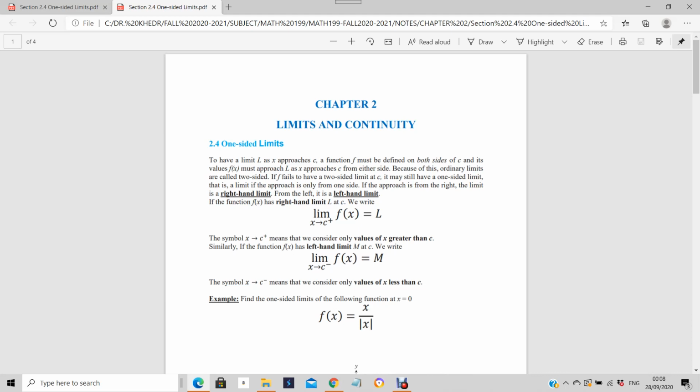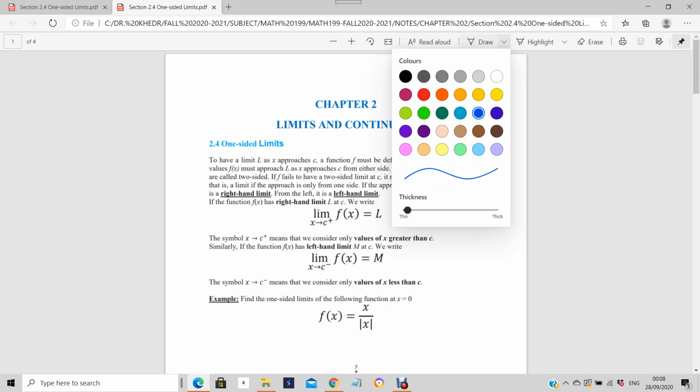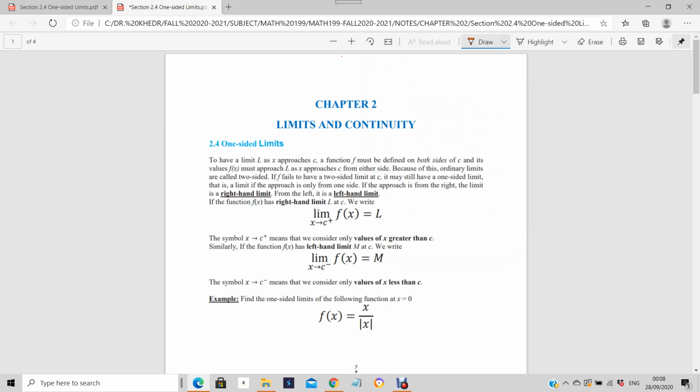Because if I draw this number line, let's say this is the values of x, so let's say at x equals C, you can approach C either from the right or from the left side.